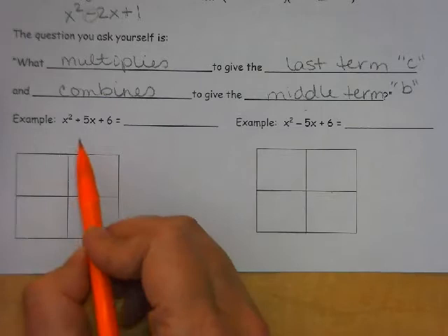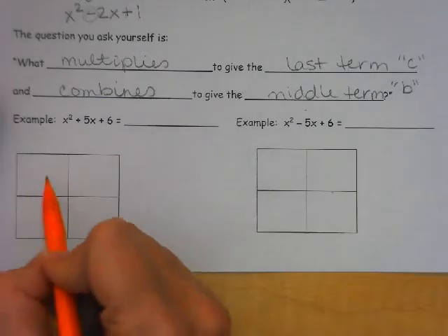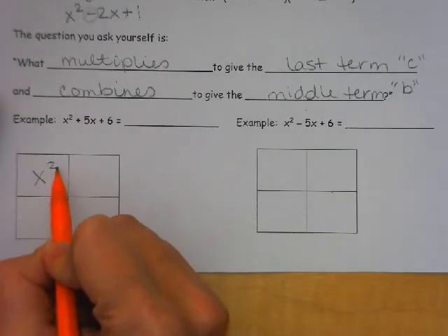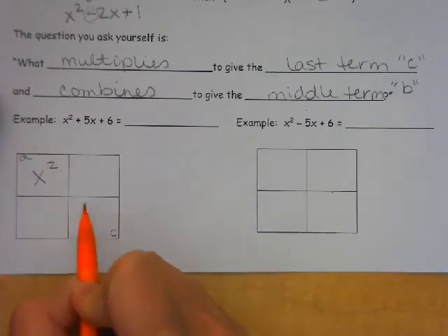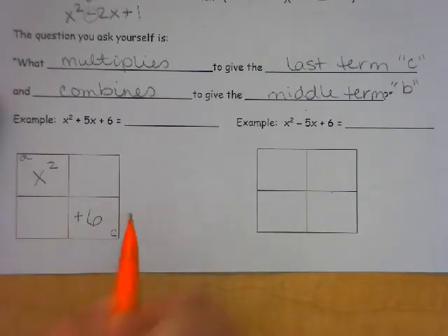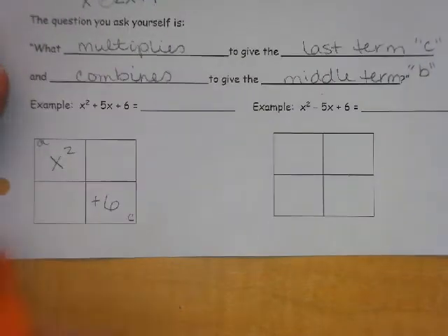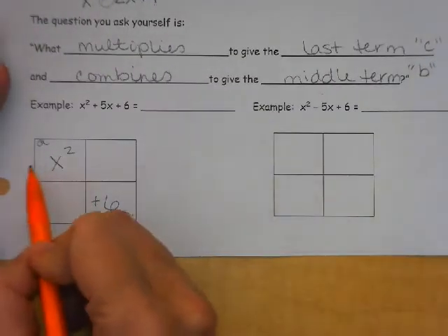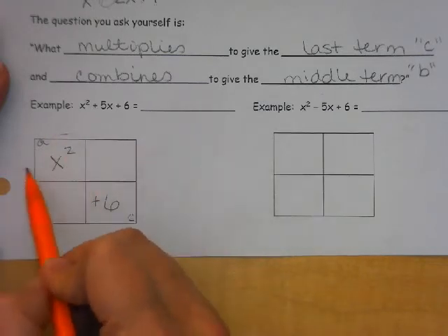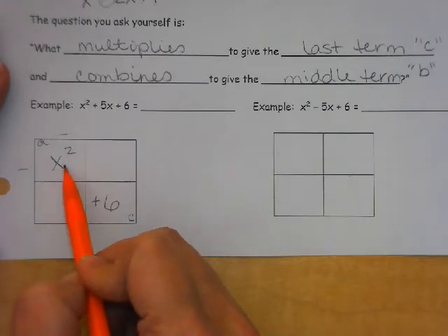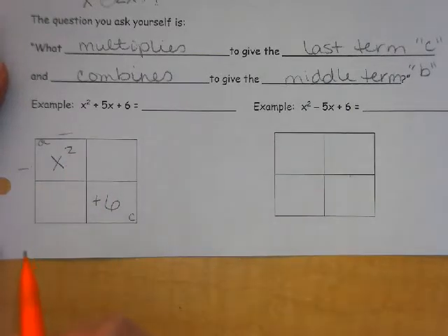Yesterday when we did the algebra tiles, our x squared goes here. Our a is always in the top left, and our c is in the bottom right. And we also talked about what is going to be out here to give us this inside piece. So what times what is x squared?